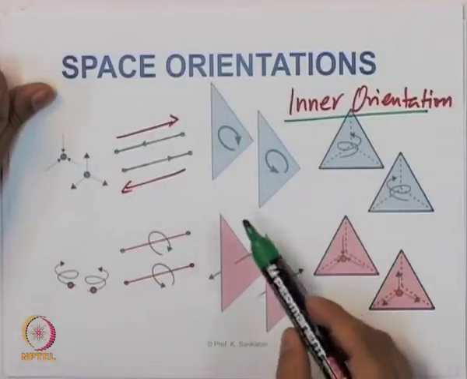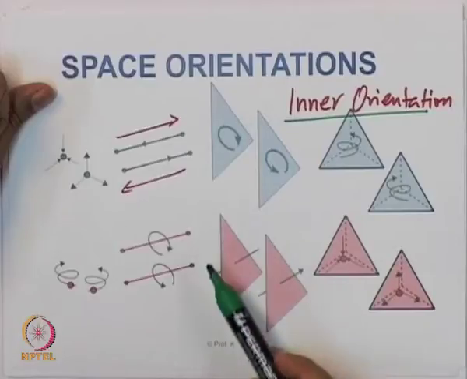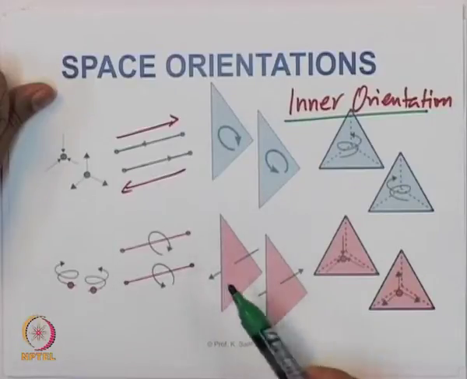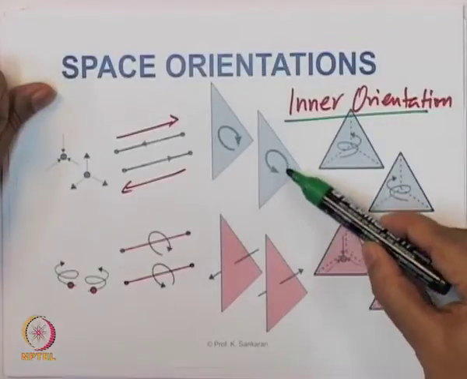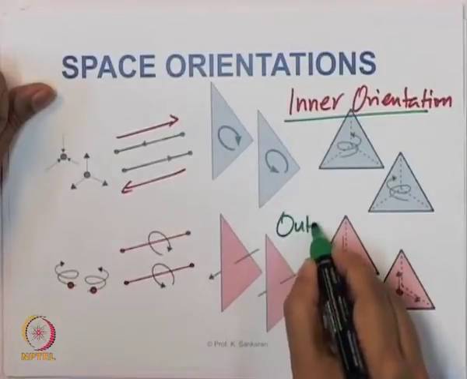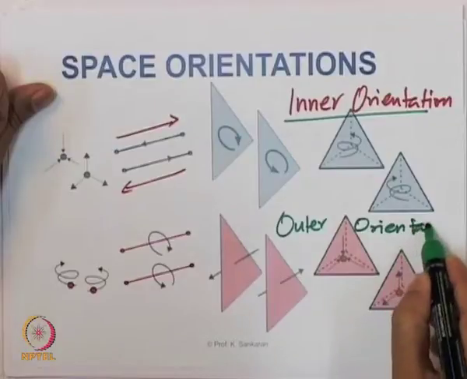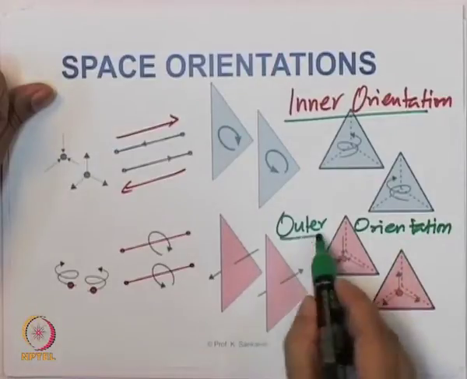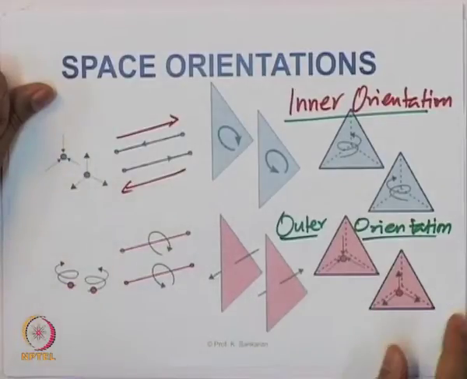So it's the same surface, but its outer orientation is outside the surface body itself. In other words, in the case of the inner orientation, you are along the surface, whereas in the outer orientation you are outside of that embedding space.